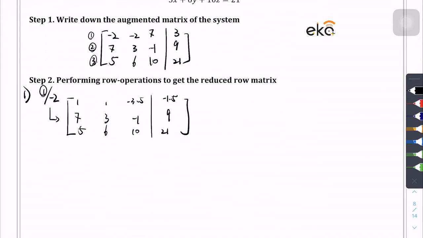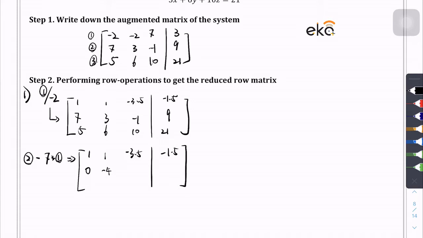Then we take the second row minus 7 times the first row, and we will have 1, -3.5, -1.5 and a 0. 3 minus 7 is -4. -1 minus 7 times 3.5 equals 23.5.